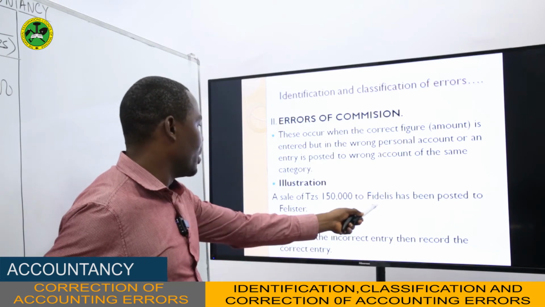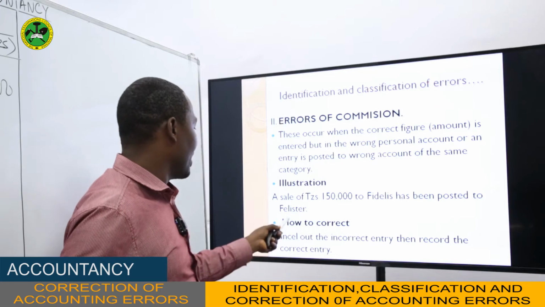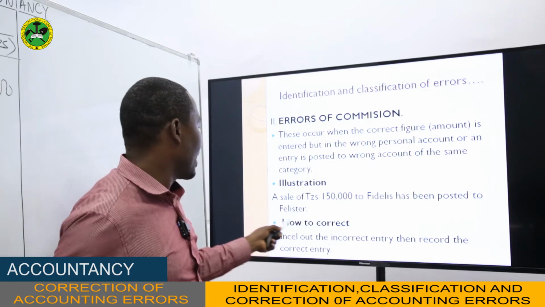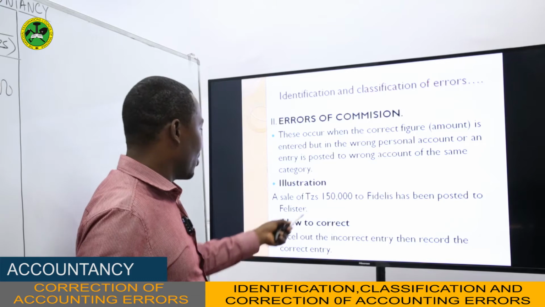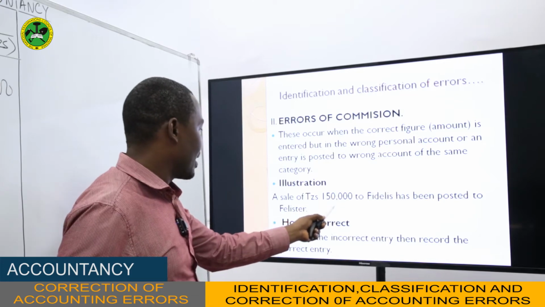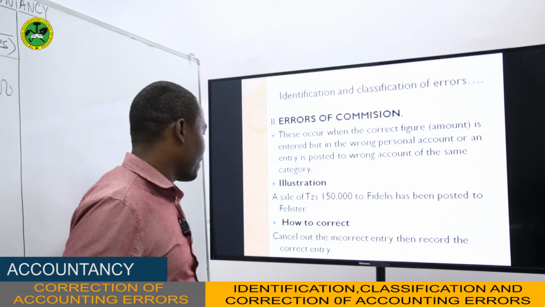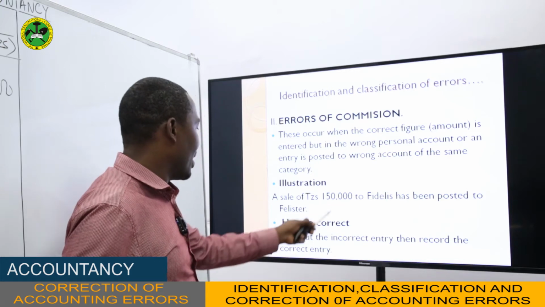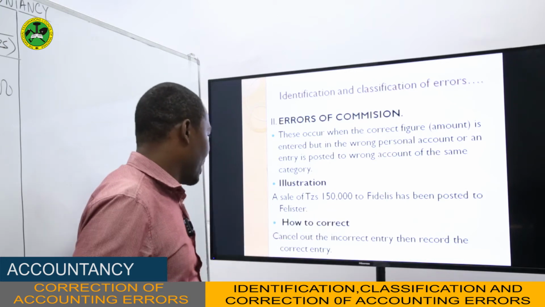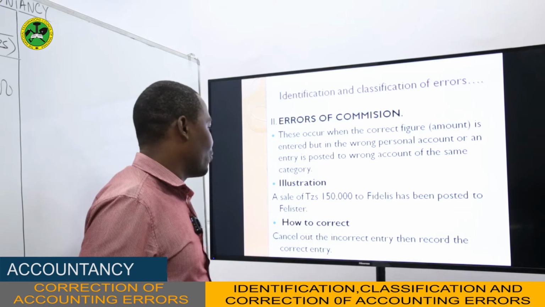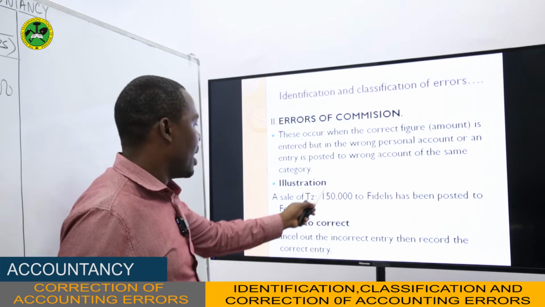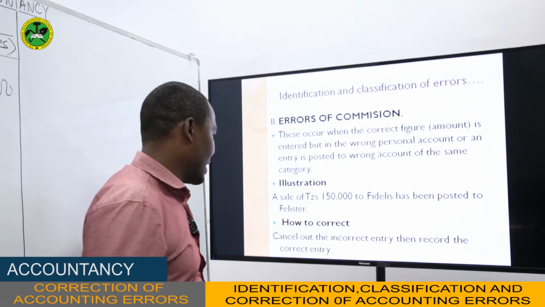So we sold goods to Fidelis, but instead of recording to Fidelis, we recorded it to Ferista. So we recognized Ferista as our debtor for this transaction. But basically, our debtor is Fidelis. So we need to cancel out the entry in the first account to record it to Fidelis.